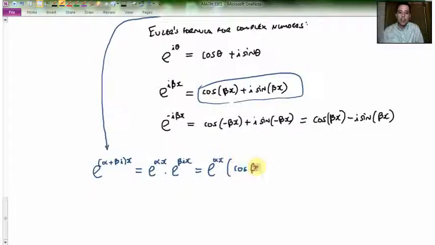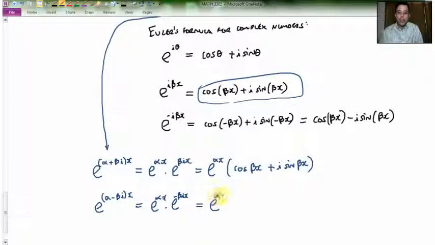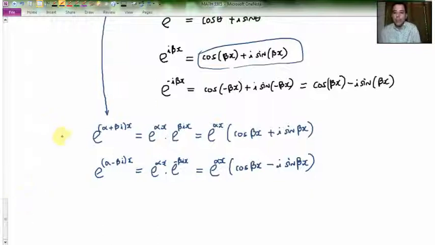Cosine beta x plus i sine beta x. Okay, and then the other solution, which is alpha minus beta i x, then e to the minus beta i x would be e to the alpha x cosine of beta x minus i sine beta x. So that's solution 1. That's solution 2 of the ODE.